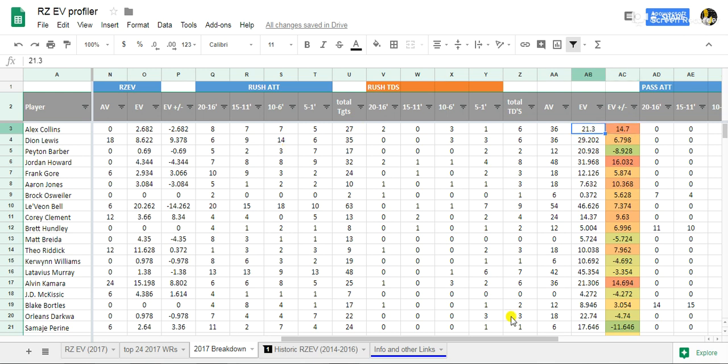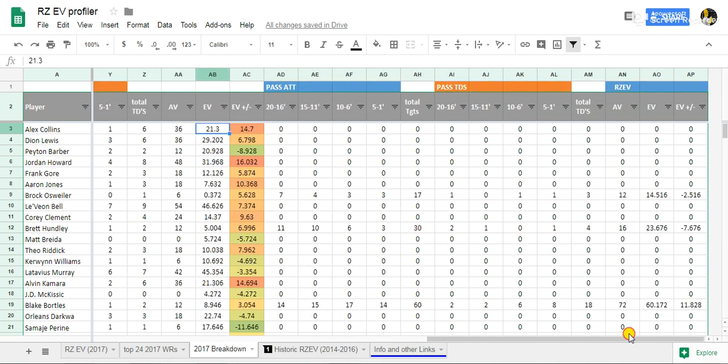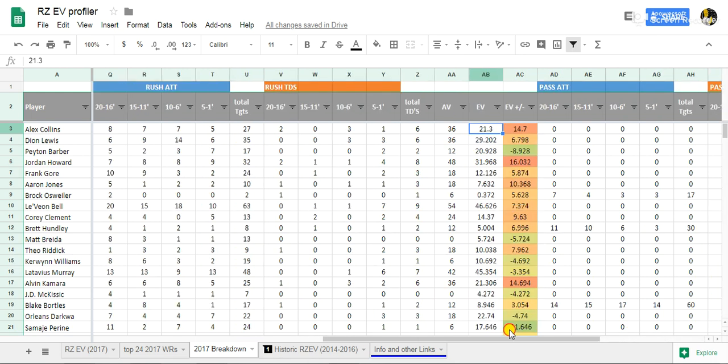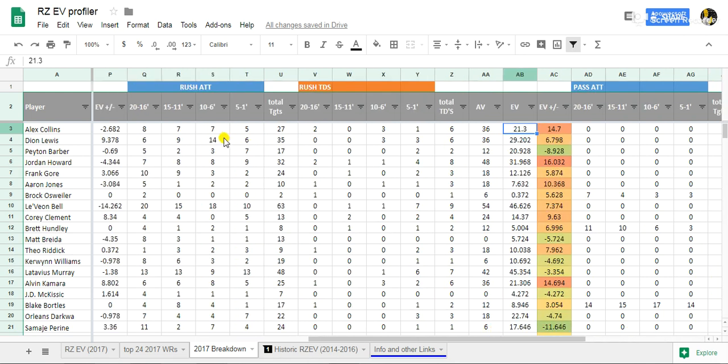Now this is a lot more flexible and sensitive to what actually happened in 2017, because remember, if you just did it in the red zone, which I've seen a lot of regression based on, like this player had this many targets in the red zone and only scored 6 touchdowns or scored 54 touchdowns, and that can't happen again. Well, that might provide an overall view of which players may be prone to regression.